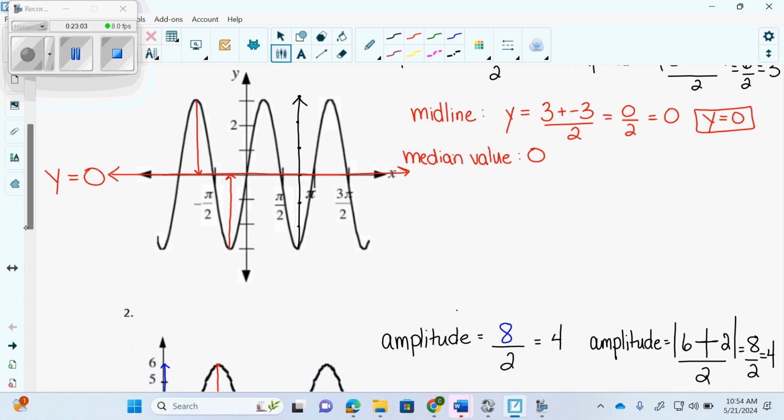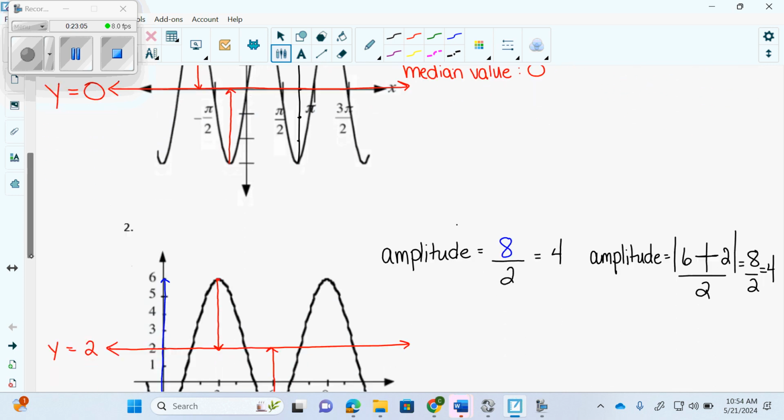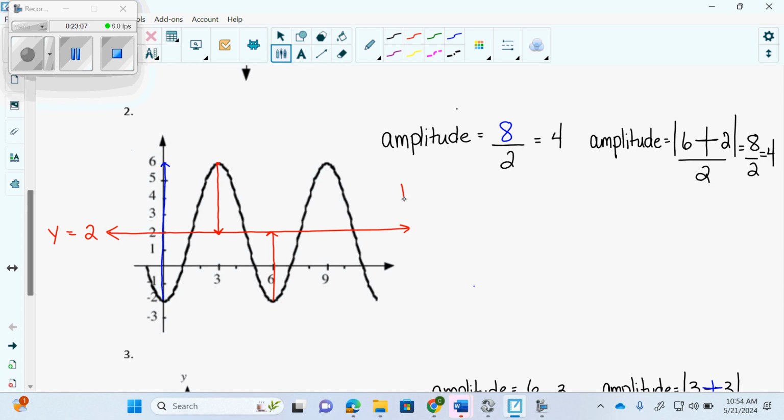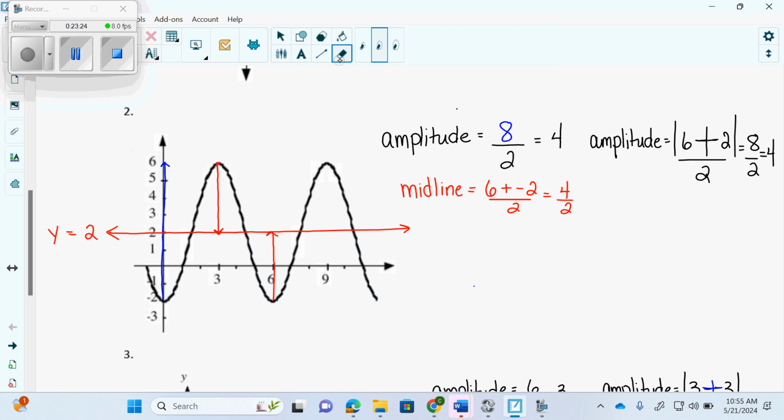Okay, let's try the midline for this one. The midline is the average of the max and min. So we're going to go maximum, which is 6, plus minimum, which is negative 2, divided by 2, which is 4 divided by 2. Sorry, it shouldn't be midline equals. I just set this and then did it.